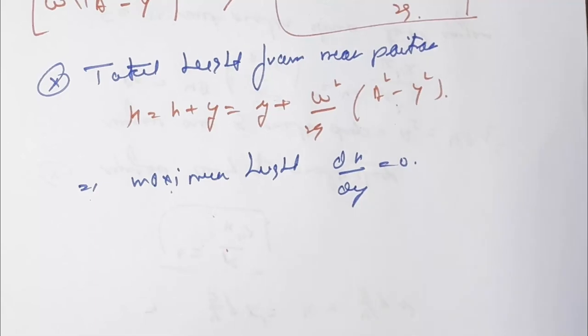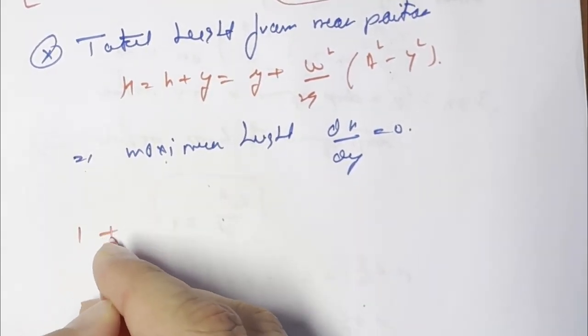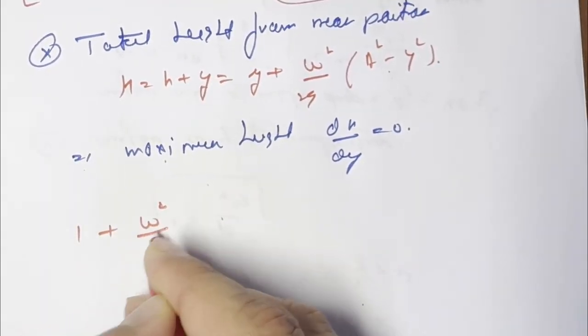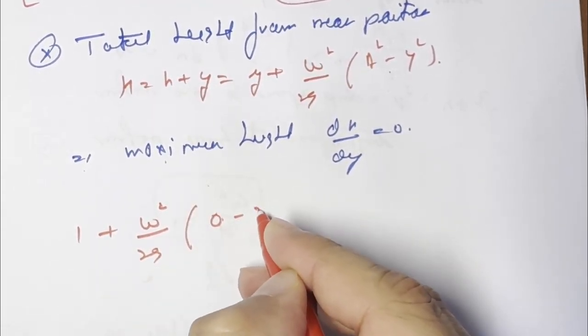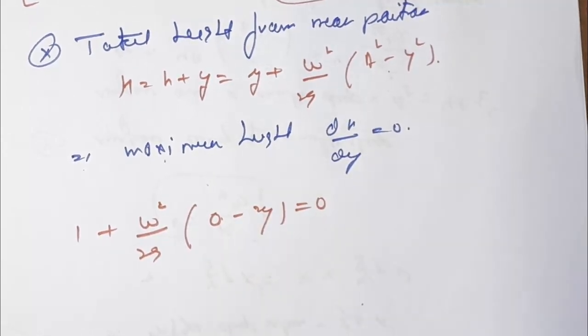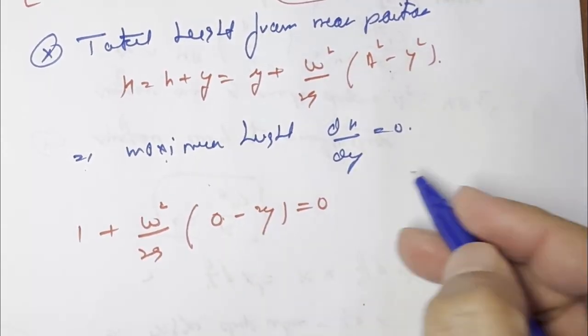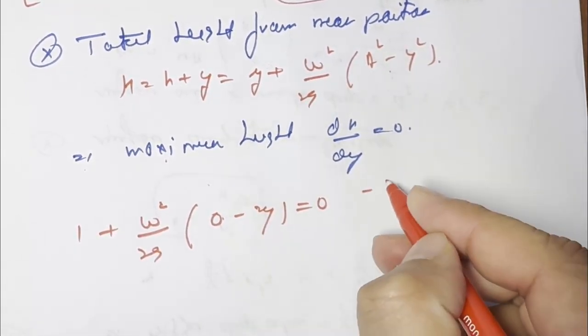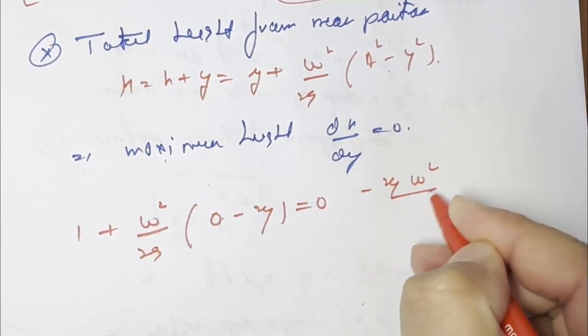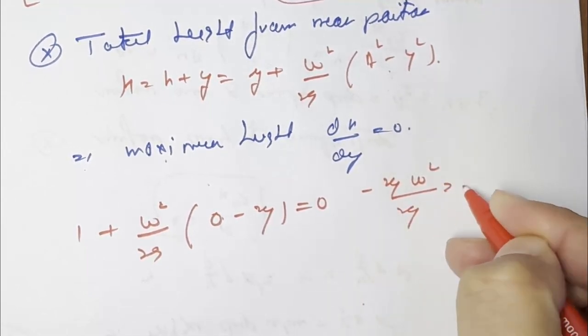So we differentiate this equation, we get 1 plus omega square upon 2g times minus 2y is equal to 0, and this can be written as 2y omega square upon 2g is equal to 1.